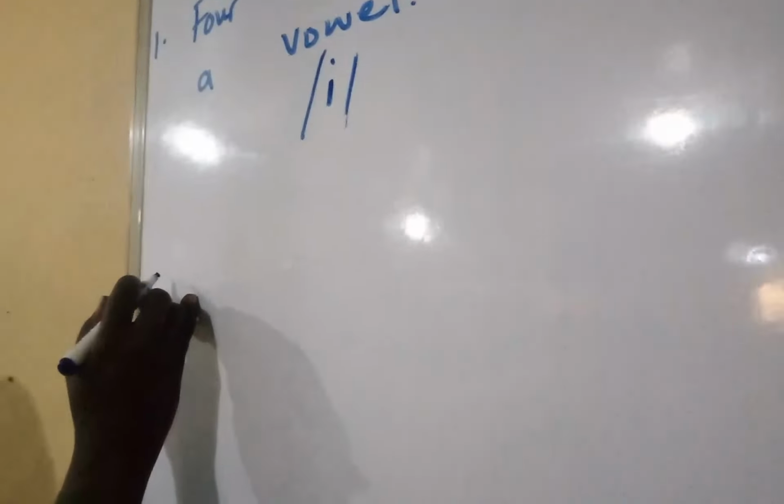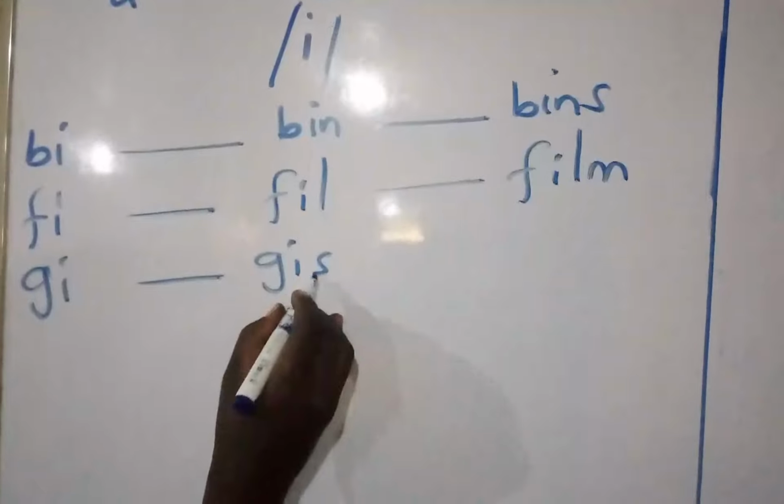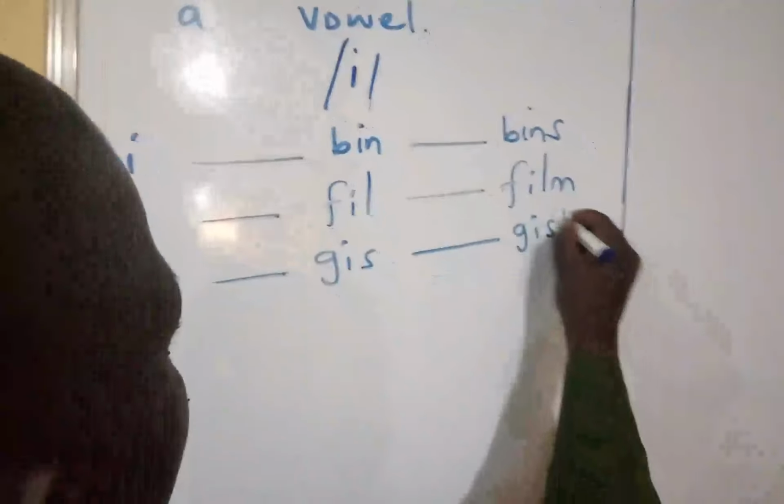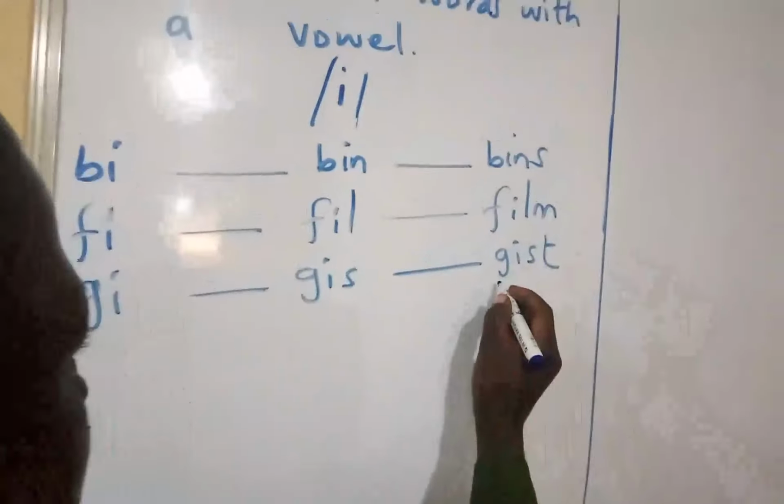Then you have this is G. From G, add the letter sound which will give you G's. From the G's, you add this again, will give you gist. Again, gist.